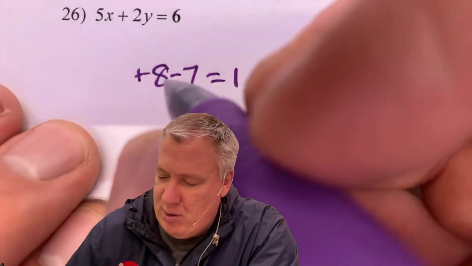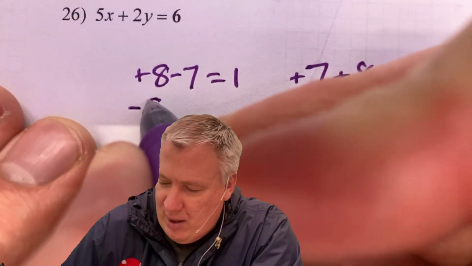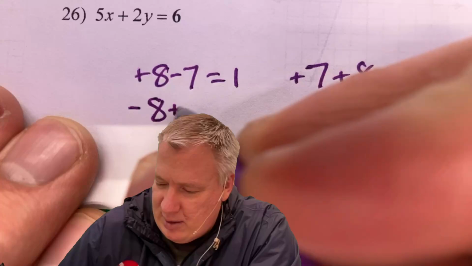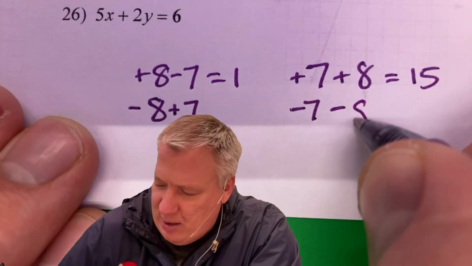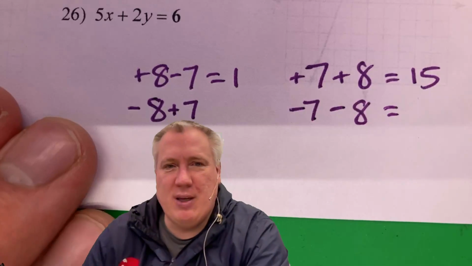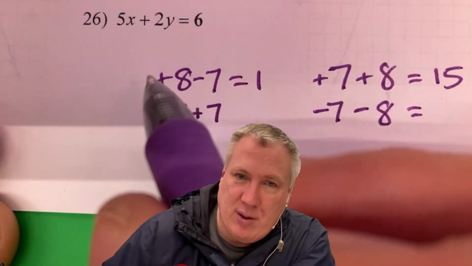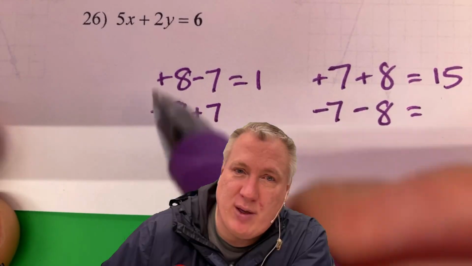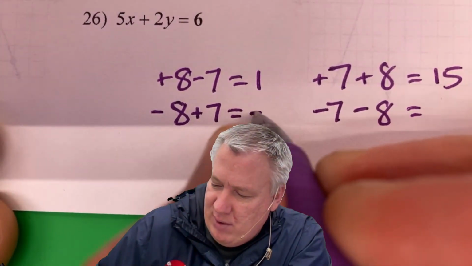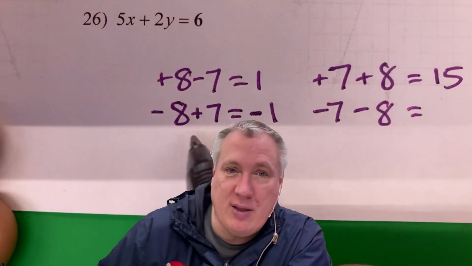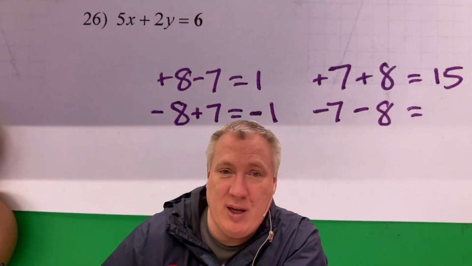So the same is true if you just reverse it and you have negative 8 plus 7, or negative 7 minus 8. Okay, so all I've done is taken the same exact thing, and I've just reversed those numbers. Okay, so sorry, reverse their signs, positive, negative, negative, positive. So in this case, the answer is -1, because I still am finding the difference. They're different signs, so the difference between 7 and 8 is 1.